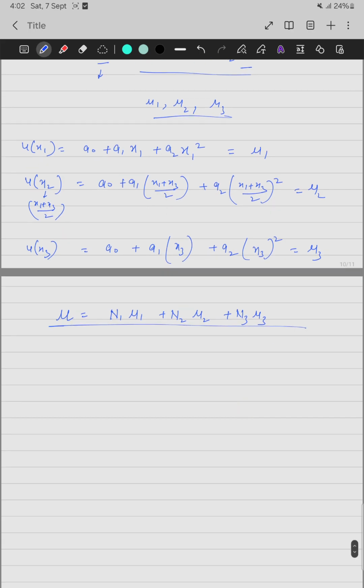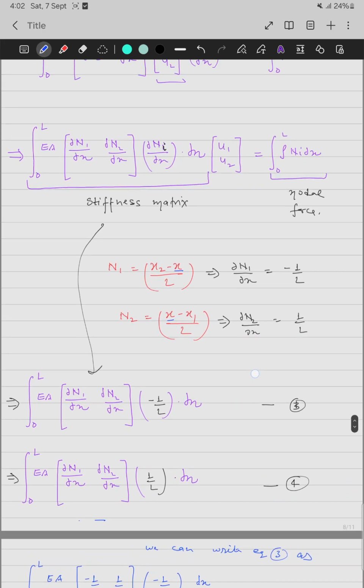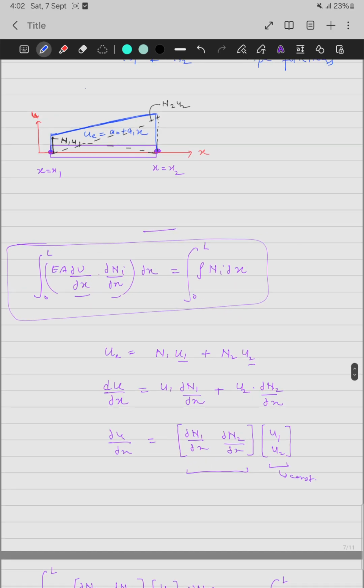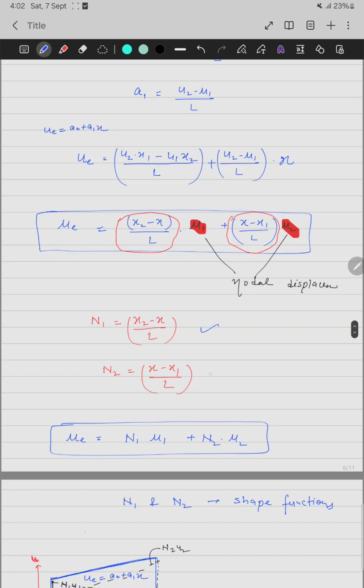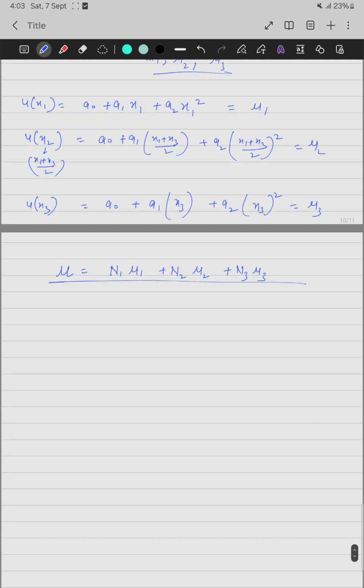The shape functions are the coefficients of u1, u2, and u3, just as we derived earlier for the linear case, where these were the coefficients of u1 and u2. In the same way, for this quadratic one, we will get our N1, N2, and N3. I am directly writing what we will get, since we can just rewrite these equations to find them.